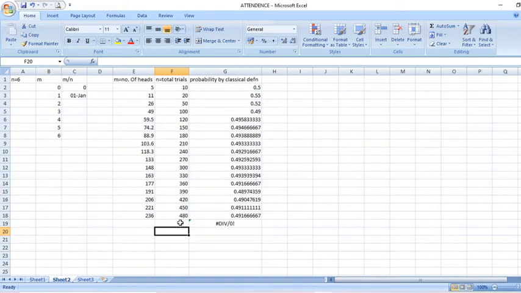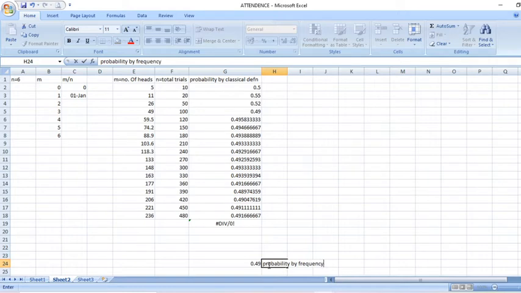So if we continue the tossing of the coin up to infinite times, you can see that the last value would be 0.49. So this last value can be assigned as the probability of getting head by the frequency approach. So what will be the probability by frequency definition?